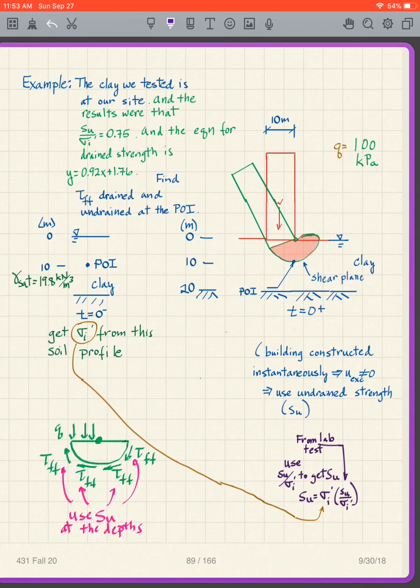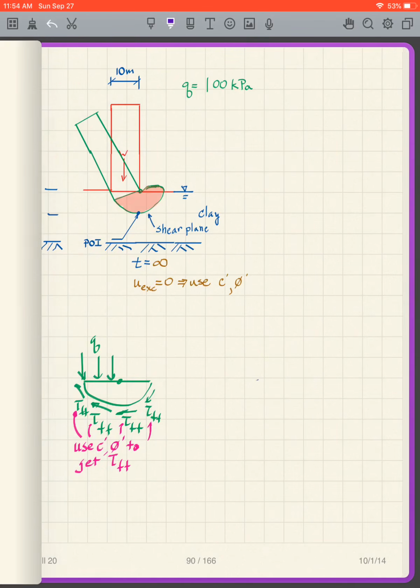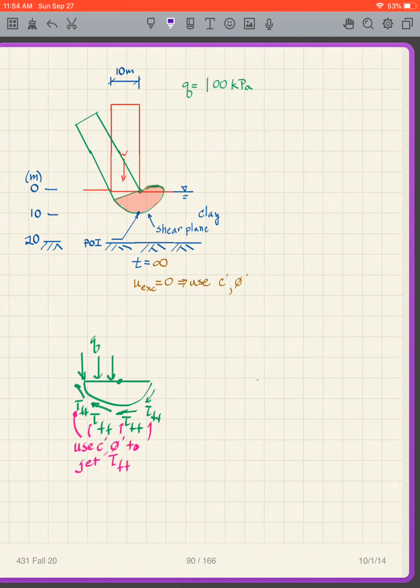So to get our Su, we're going to use this sigma prime i and multiply it times our ratio, our Su over sigma prime i, which we've determined from our lab tests. So in a straightforward manner, we can get our Su. This is the situation at t equals infinity, which, like I say, could be 50 years or something like that.